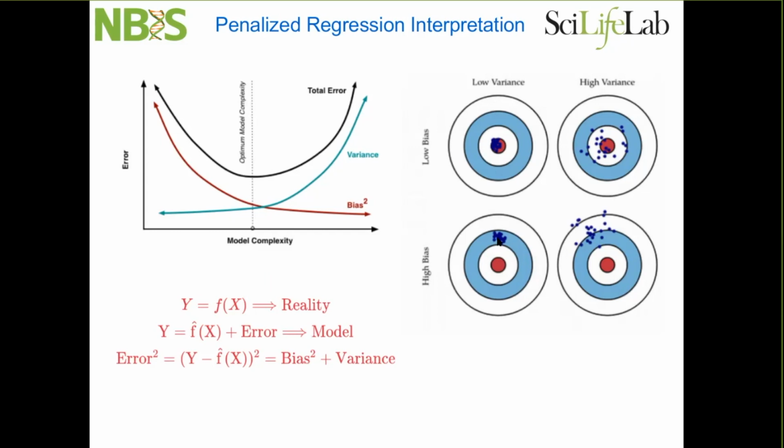They want the model to work on this sample the same way as on a sample from another lab. Because if it doesn't, the opposite scenario would be a low bias but high variance. So sometimes you get very close to the target. And again, you don't know where the target is. You just see that your predictions are very different between samples. You use one sample, you get this kind of prediction, then use a sample from another lab, you get this kind of prediction.